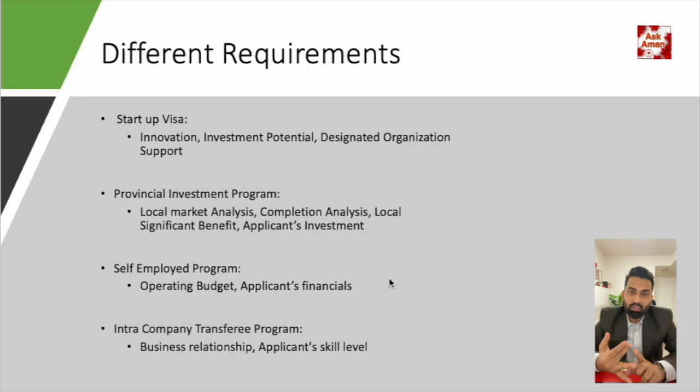Then they want to see what kind of investment potential you have. It basically means that if you do not have the money to run your business on your own, you can compensate by showing that you have investors who have signed up with you, who are ready to invest in your business, or who have already invested in it.